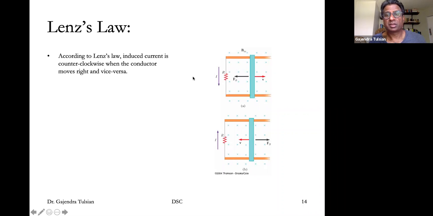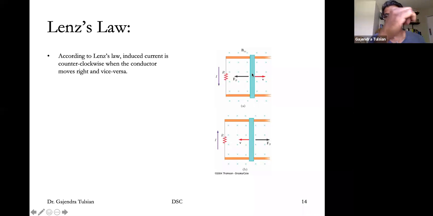Again, Lenz's law tells you the direction of the current. When you move this to the right, the current is in this direction, because the flux is increasing in the area as you move to the right, and to decrease the flux, the current flows in this direction.